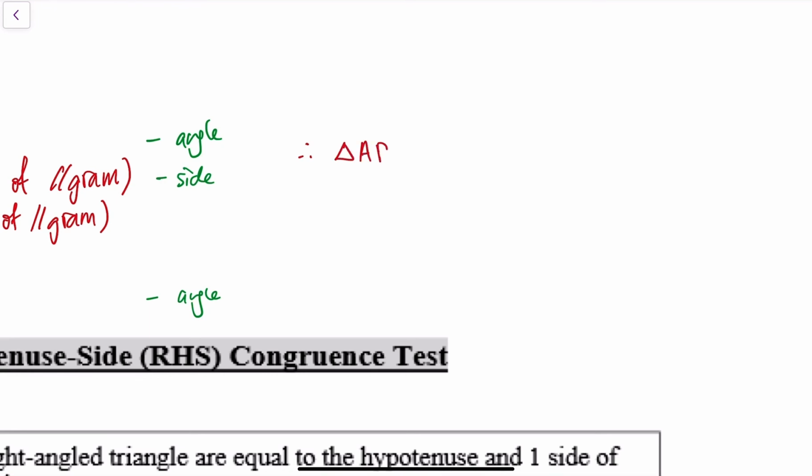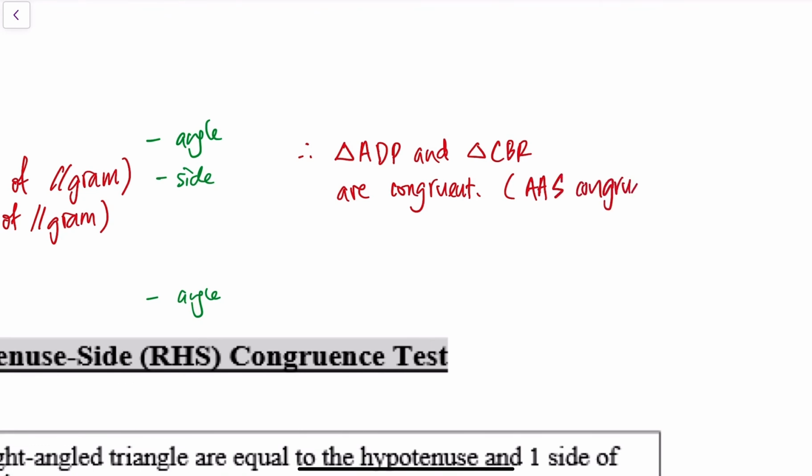So triangle ADP and triangle CBR are congruent with reason AAS congruent test. Okay, shown. Or if you want to write it as ASA, also can. They are the same thing.